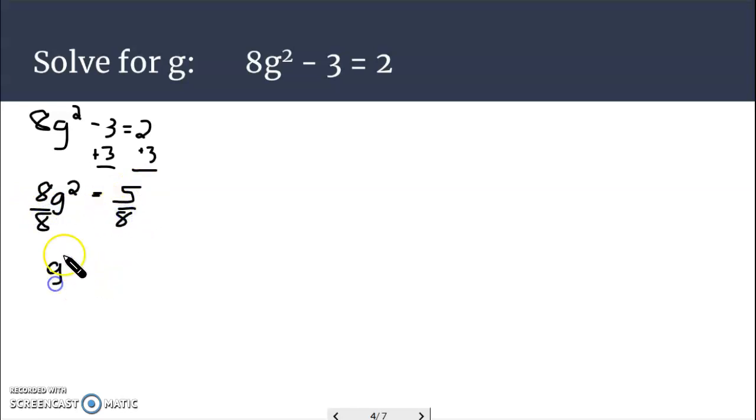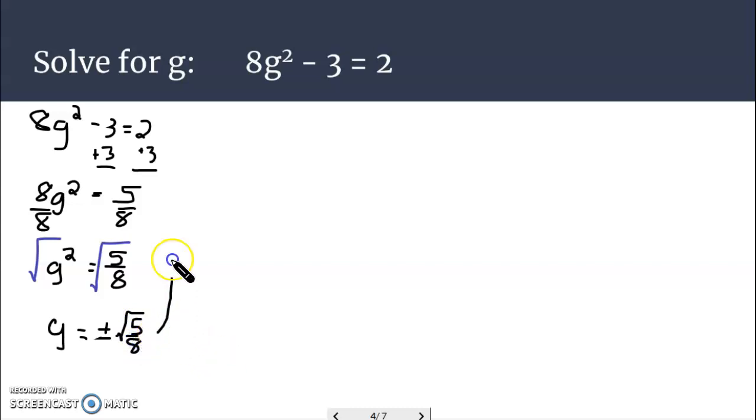G squared is going to equal 5 over 8. And then here we are taking the square root again. The square root of both sides. G is going to equal plus or minus the square root of 5 over 8.